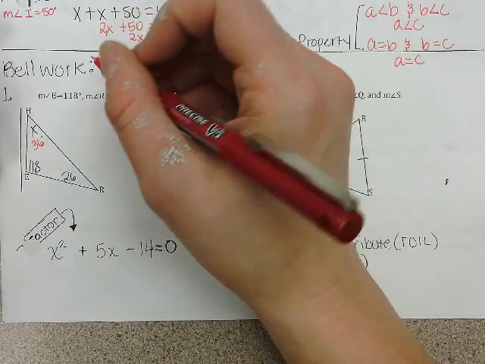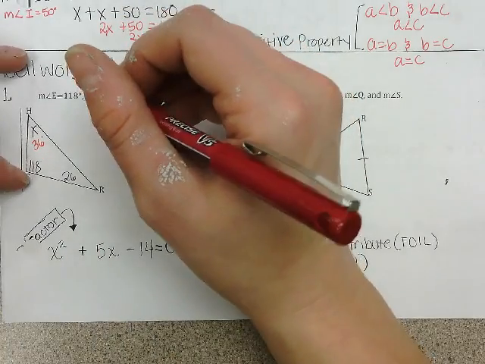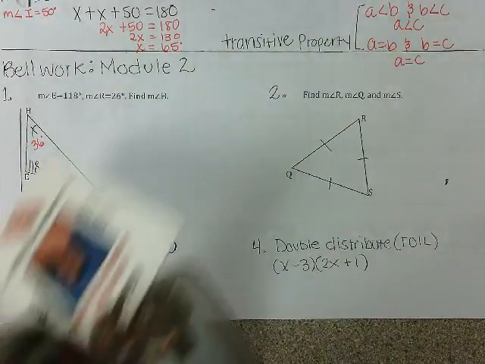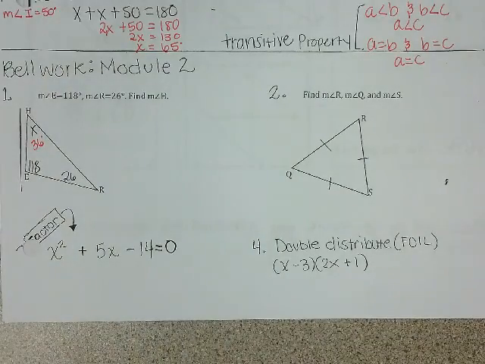All right, let's see. 180 minus 118 minus 26, 36. Did you do 180 minus 118 minus 26? You're just 2 off, so you might have accidentally subtracted wrong.